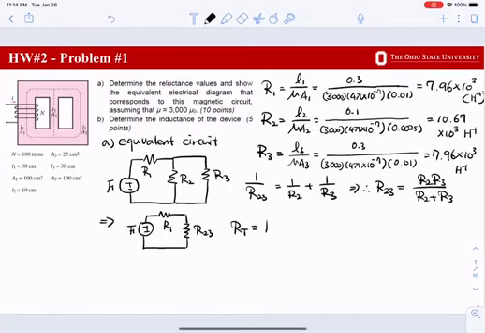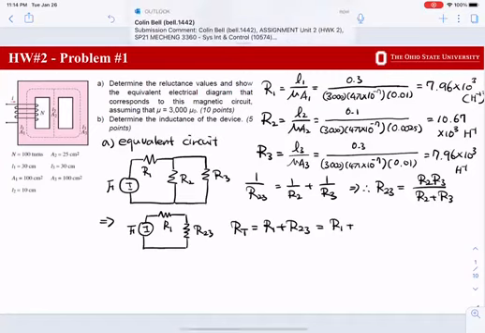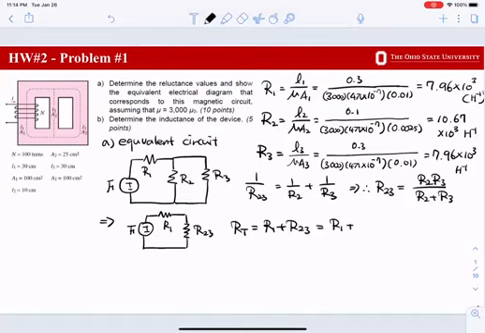All right. So the total reluctance is reluctance 1 and reluctance 2, 3. That is reluctance 1 plus reluctance 2 times reluctance 3 over reluctance 2 plus reluctance 3, equal to 12.51 times 10 to the third.